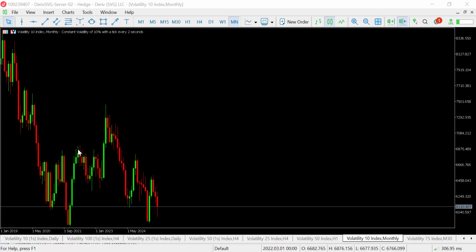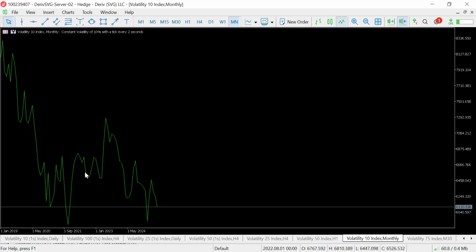a double equal highs. Then it's made a higher low here, then a double bottom, and it tried to obey the rule of a double bottom by breaking above the neckline. If we go to the line chart, you can see it made a double bottom here.